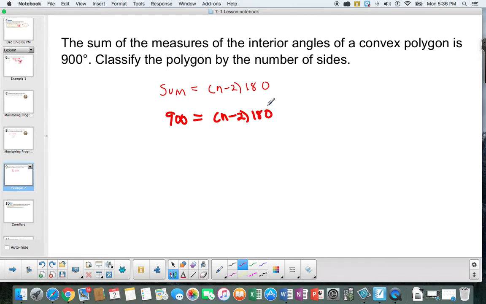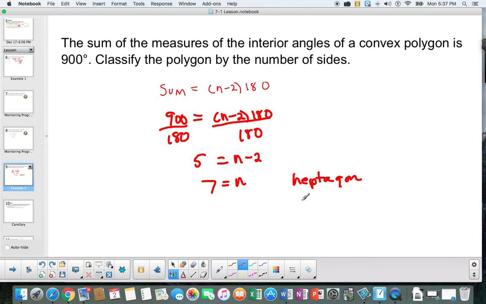Now I'm going to divide both sides by 180, and I'm going to get 5 is equal to n minus 2. Then I'm going to add 2 to both sides, so n is equal to 7. So a figure that has 900 degrees as the sum of all the interior angles is a heptagon, or a 7-sided figure. Sometimes we call it a septagon as well.